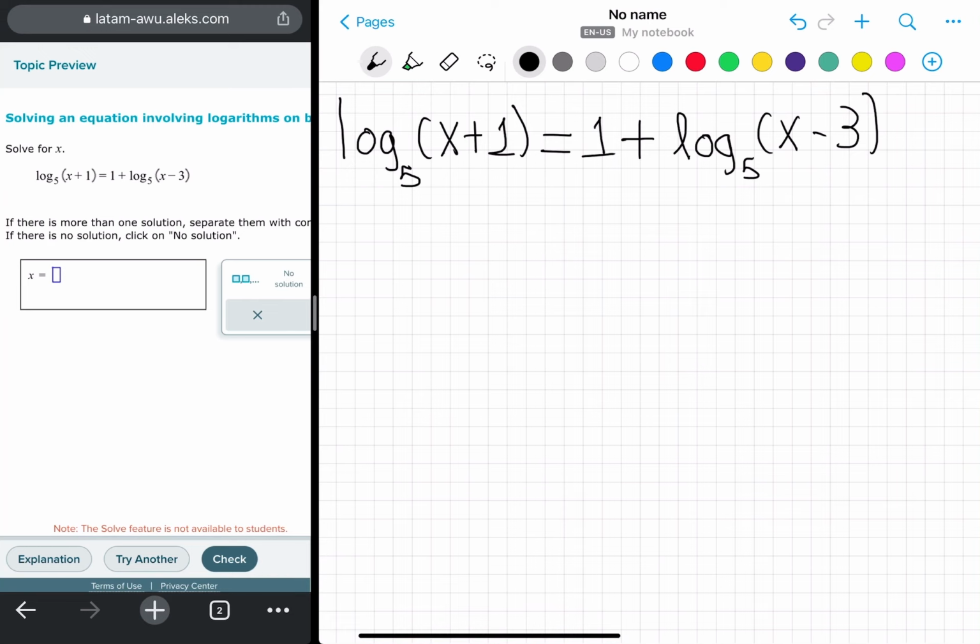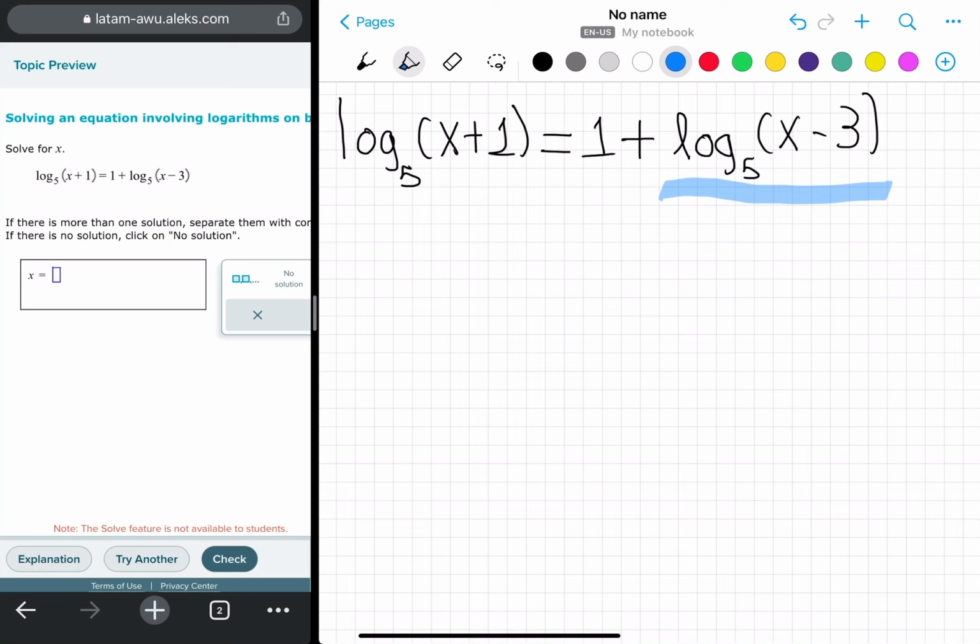So the trick to this exercise is to take all of the logarithms to one side. I can choose to either move both logarithms to the left side or leave them both on the right side. In this case, I'm just gonna leave it all in the left side. To do that, I gotta move this to the left side.